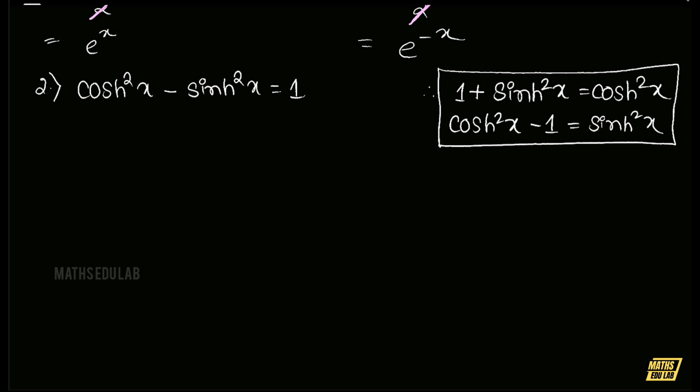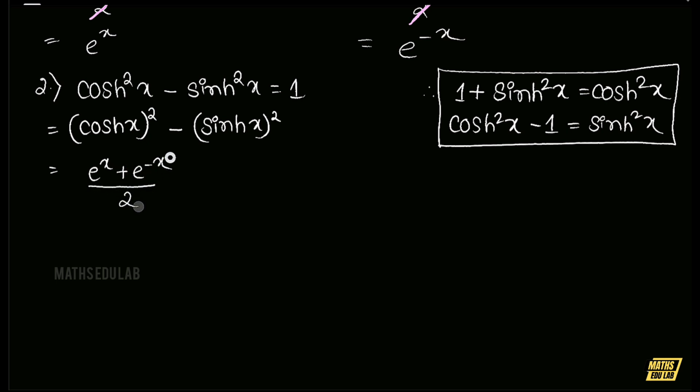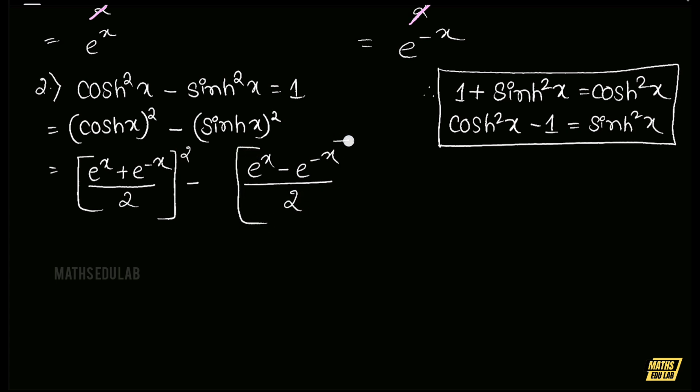As we know the cosh x formula, we can write this one as cosh x whole square minus sinh x whole square. So here we know the formula of cosh x, that is e to the power of x plus e to the power of minus x by 2 whole square, minus e to the power of x minus e to the power of minus x by 2 whole square.